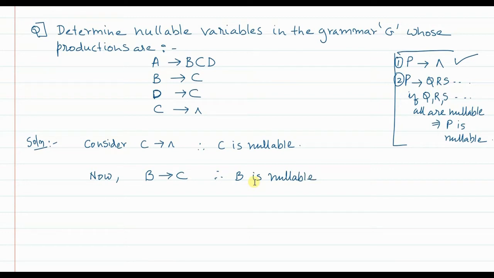Also consider D gives C. Since C is nullable, D is nullable.